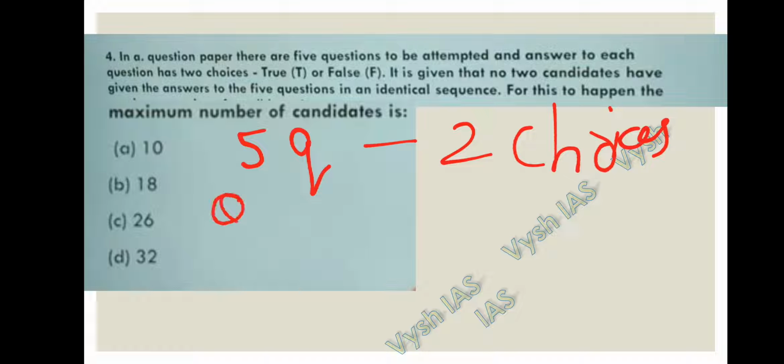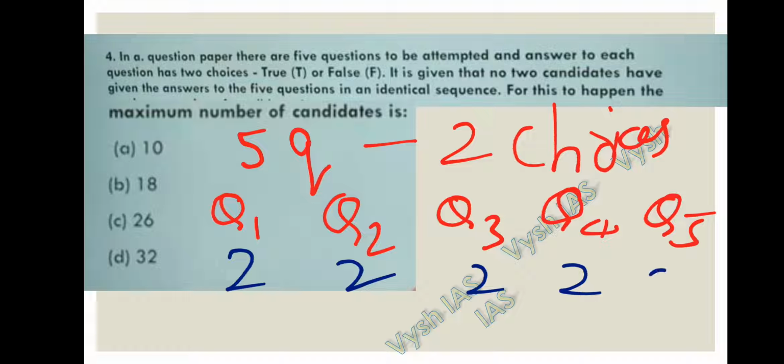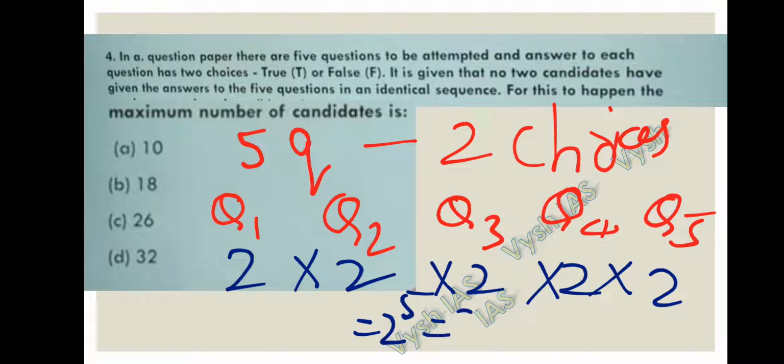For question 1, question 2, question 3, question 4 and question 5, for each question 2 choices are there, meaning 2 types of possibilities for each question. So if you calculate this, 2 power 5 can be the possibility. Okay, 2 power 5 is nothing but 32.